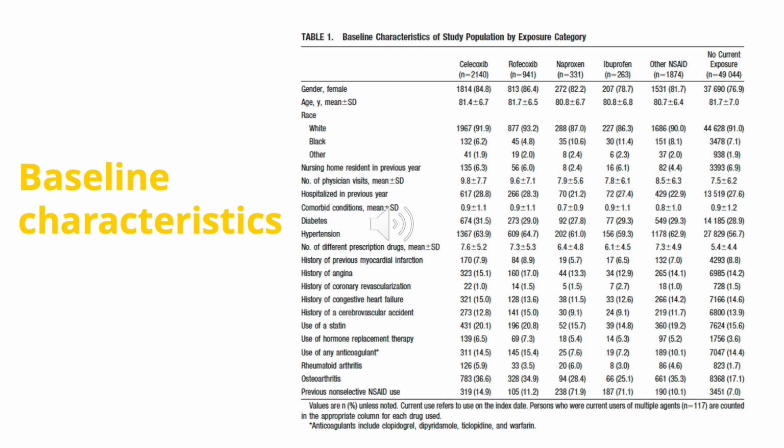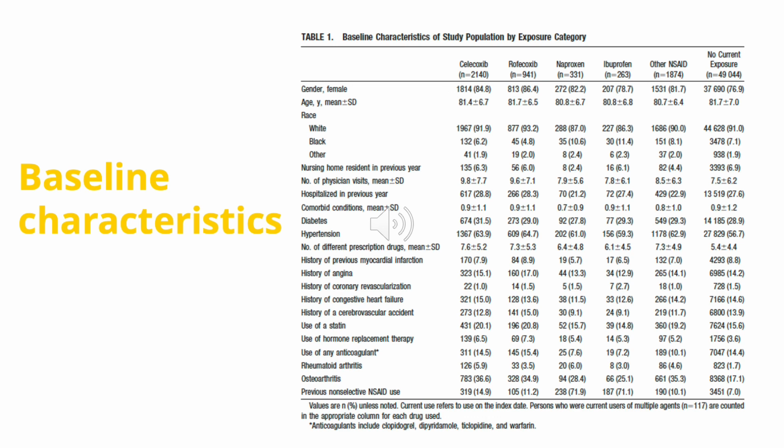So for example, if we look at history of hypertension, we could see that about 64% of patients in the celecoxib group have hypertension, about 65% in the rofecoxib group, that's pretty similar. 61% have hypertension in the naproxen group, 59% in the ibuprofen group, 63% in the other NSAID group, and then 56% in the no current exposure group.